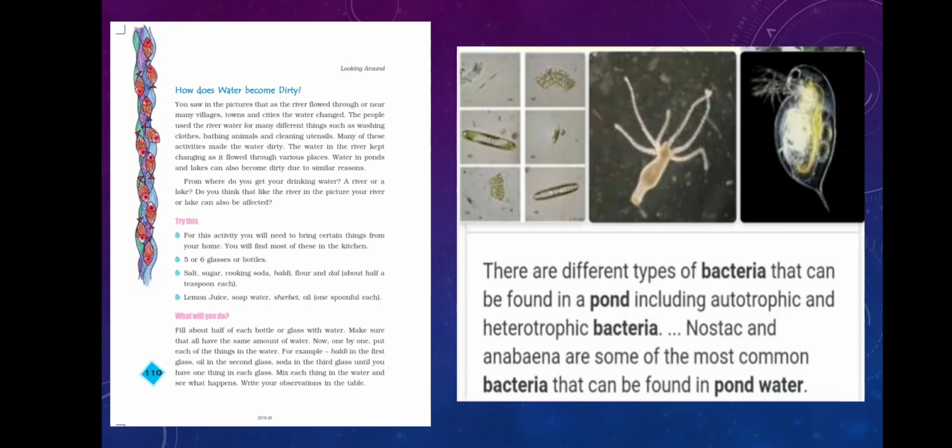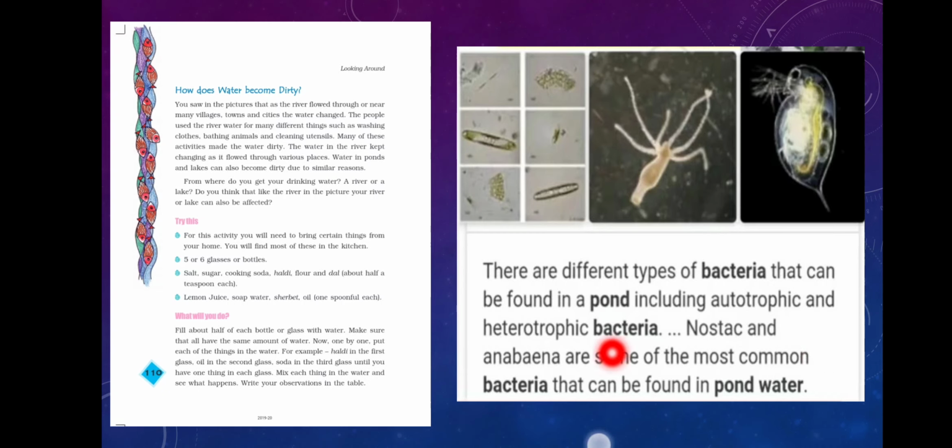So there are different types of bacteria that can be found in the pond, including autotrophic and heterotrophic bacteria. You can see the different types of bacteria images given over there. Nostoc and Anabaena are some of the most common bacteria that are found in pond water.